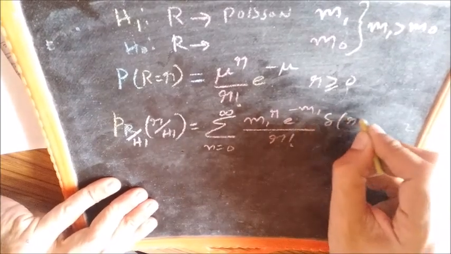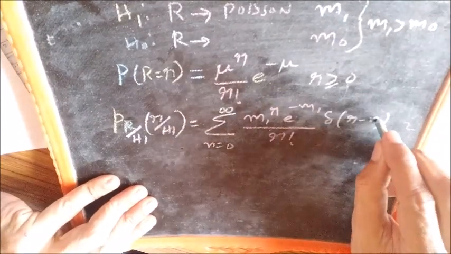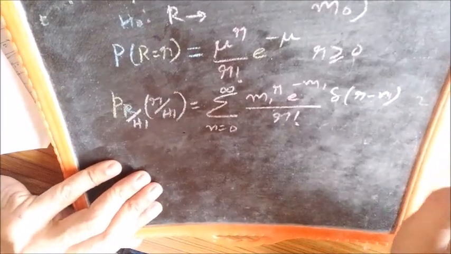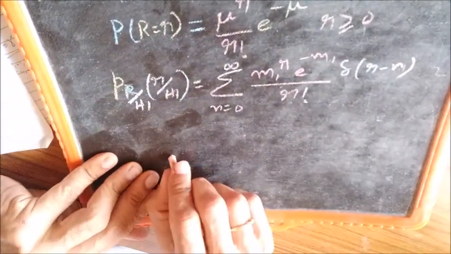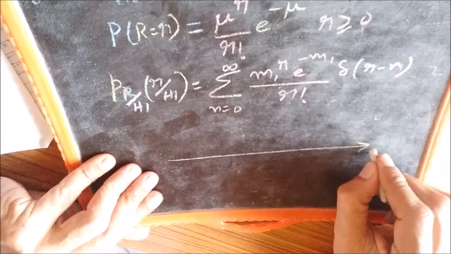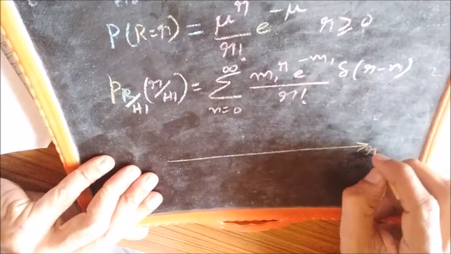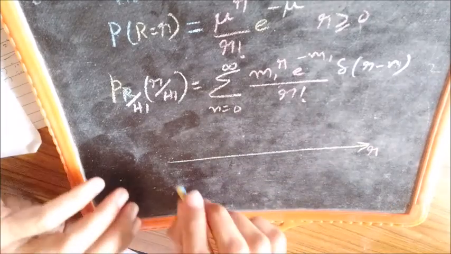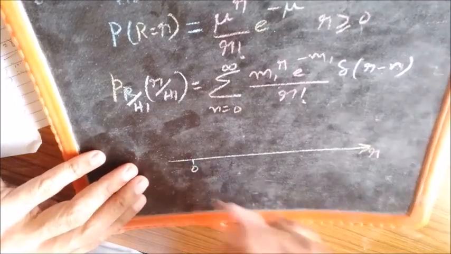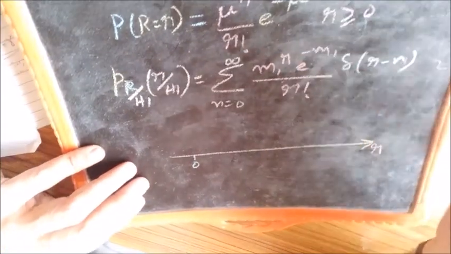and there will be a delta function over here like this. Now, if we plot this density function, remember R is the random variable, and always R is greater than or equal to 0.